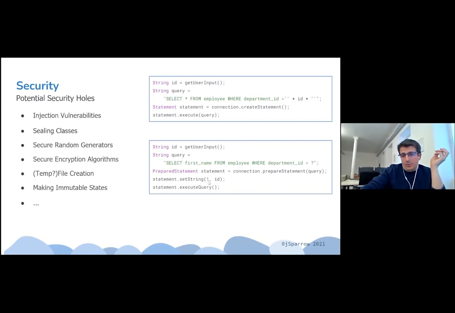The changes to the actual code are very minimalistic. We replace the parameter with a question mark, and we insert one more statement for setting the potential user input in the parameter placeholder.